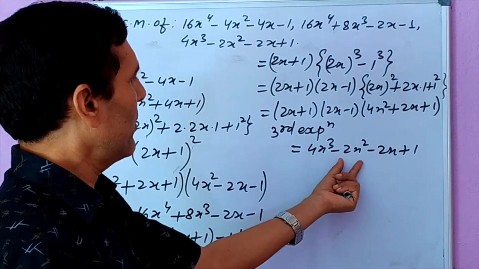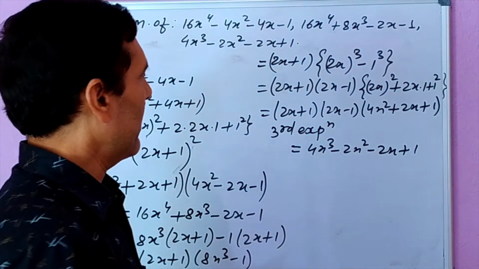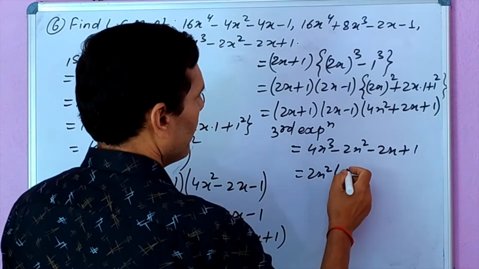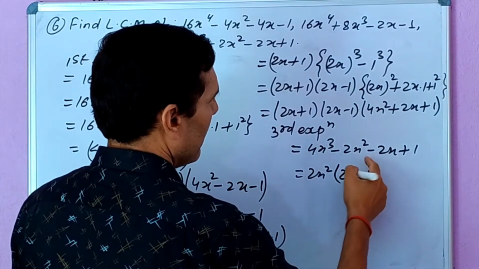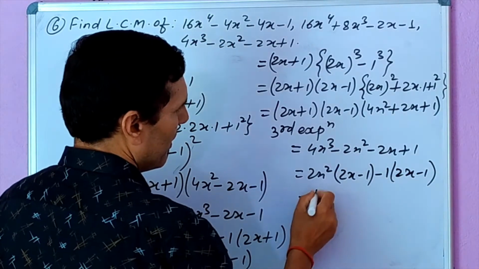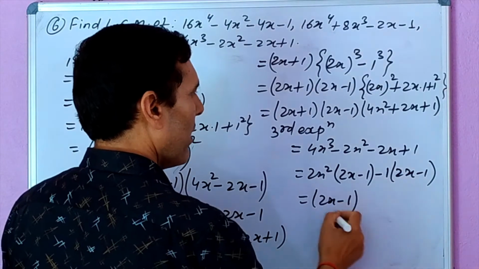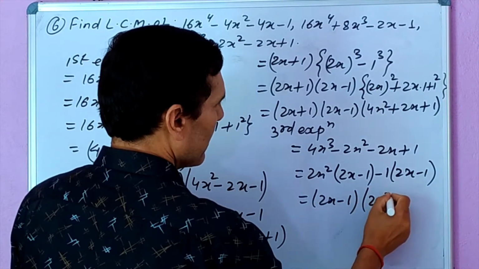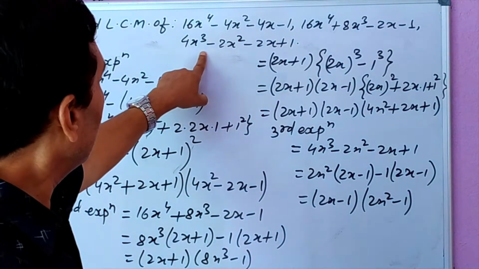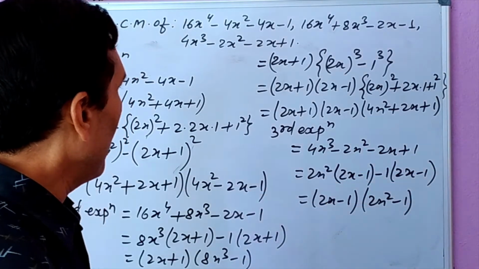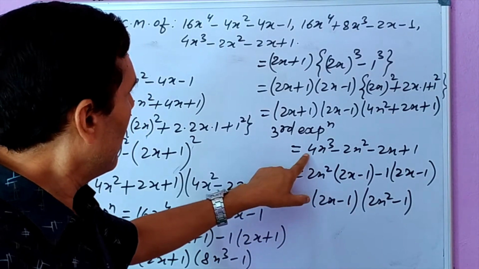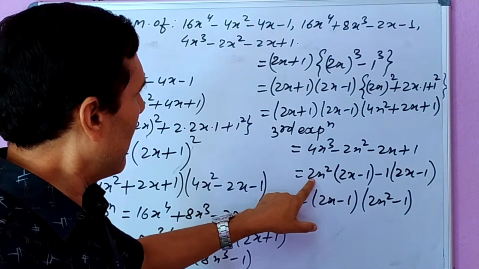In the first two terms, after taking 2x square common, we get 2x minus 1.